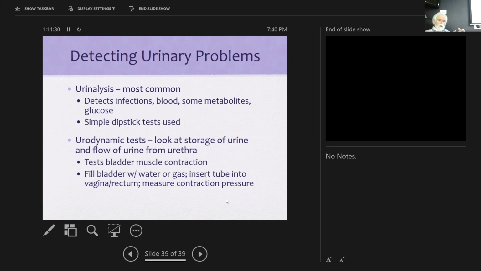And then we look at the pressure as the bladder contracts to try and push that fluid out. So that gives us an idea as to the functioning of the bladder, which really is like a balloon. It wants to push things out. So we do that as well. So that's the end of this.